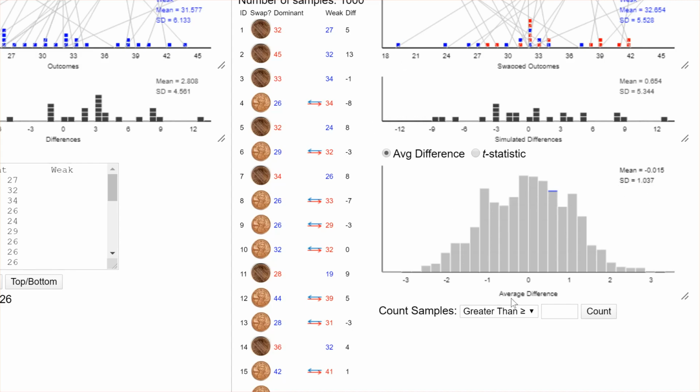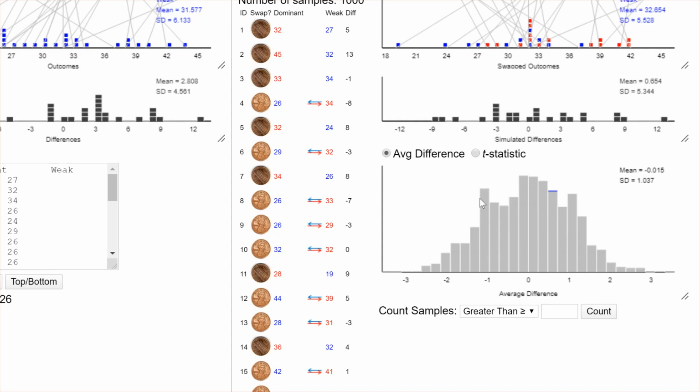Okay, so we want to find a p-value. See if there are any simulated mean differences that are as extreme or more extreme than our sample mean difference of 2.808. Can you locate 2.808 on this graph of the null distribution?